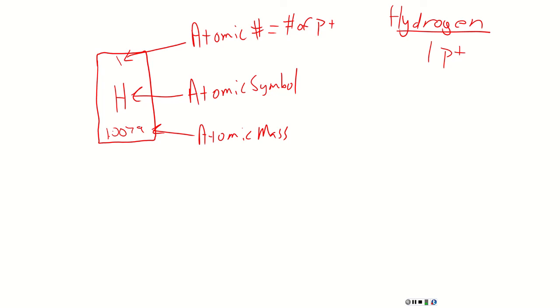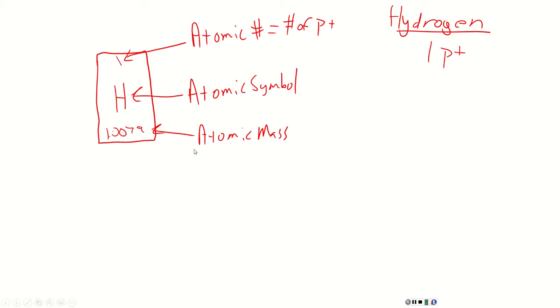If we found an element somewhere, it doesn't matter where, anywhere in all of the universe, and we didn't know what it was, and we looked and it only had 1 proton, by definition, it is hydrogen. We've just identified it. And if we find hydrogen anywhere in the universe, if we checked, we would see that it has 1 and only 1 proton. So the atomic number is the number of protons, and the number of protons is the definition of that element.